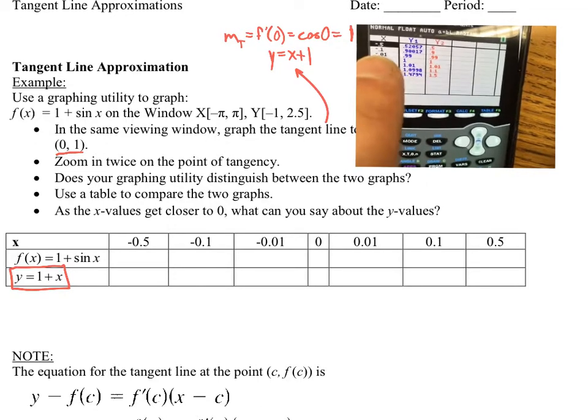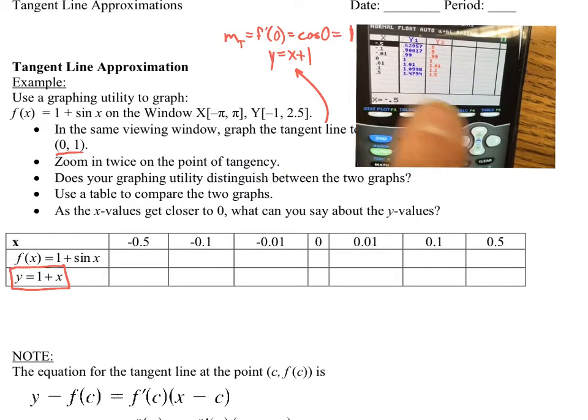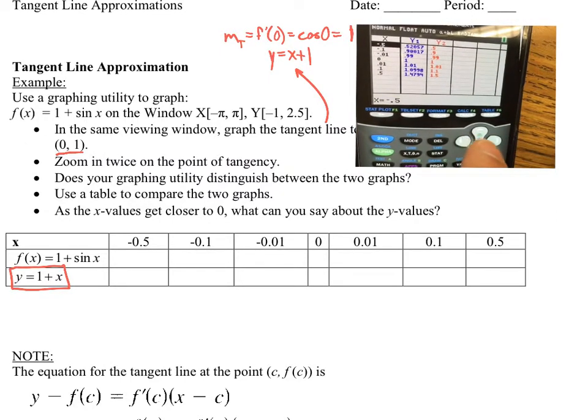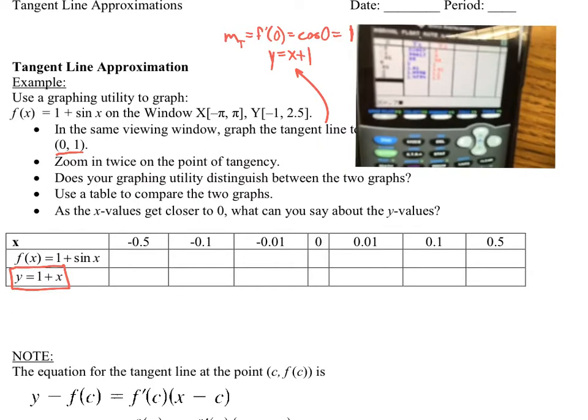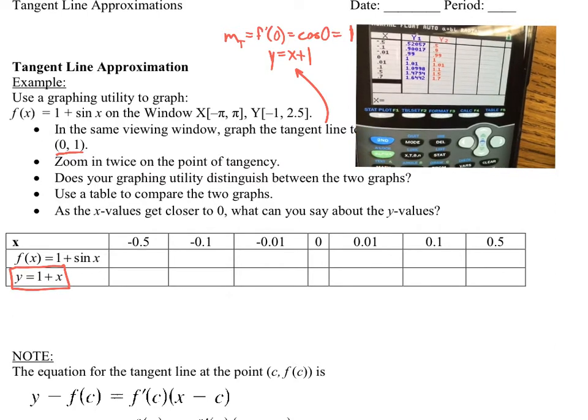And you'll notice, since I already did this once, the values here I typed in. Okay, if I wanted another value of x, you know, if I wanted it when x is 0.7 or something, I could just type in 0.7 and it'll actually calculate both functions at 0.7.